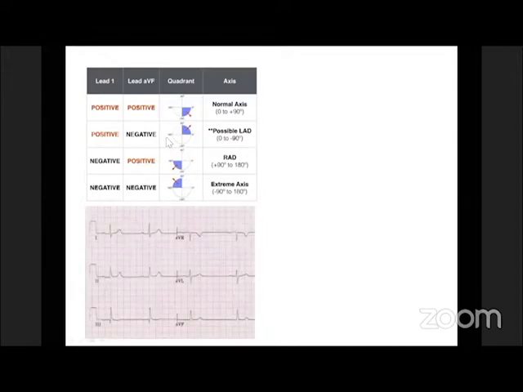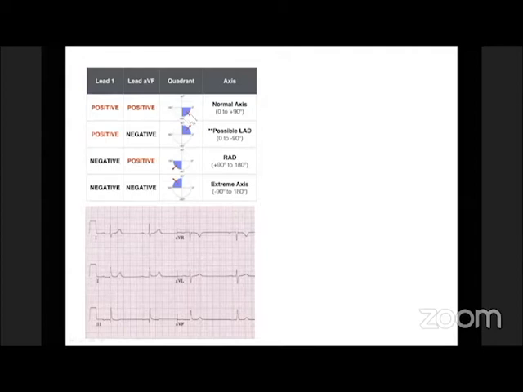So if you have normal axis, you have to look at lead 1: if it is positive, and also aVF is positive again, it means there is normal axis. The direction of electricity is toward lead 2, or between 0 to 90, sorry.